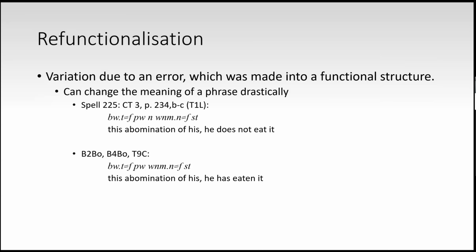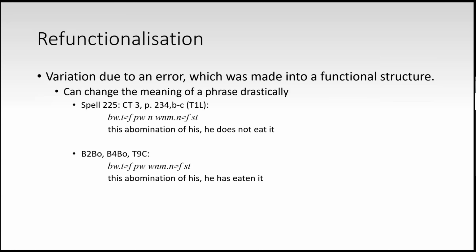To give you an example of what I would not call refunctionalization, but how a very minor error can extremely change the text, is in spell 225, where the phrase should be bw f pw and when I'm f swt: this abomination of his, he does not eat it, because there is no Egyptian who would actually want to eat his abomination.